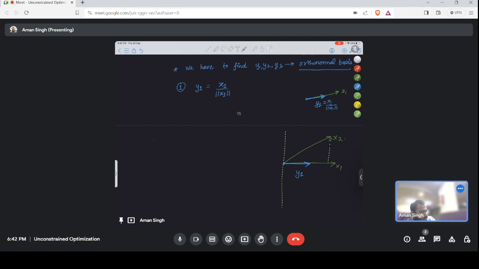So let's write z2 equal to x2 minus x2 transpose y1 times y1. Here x2 transpose y1 is the component of x2 on y1, and we are subtracting it.